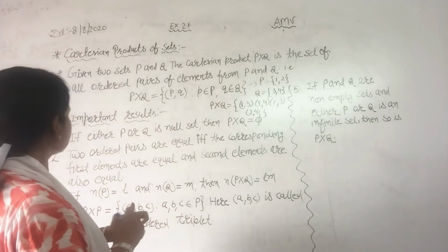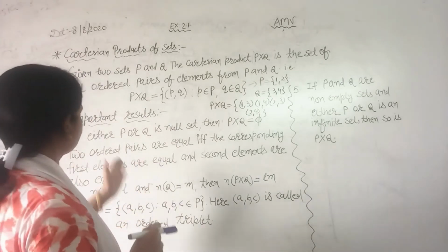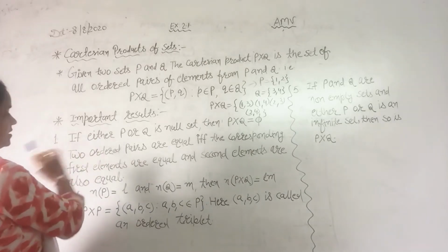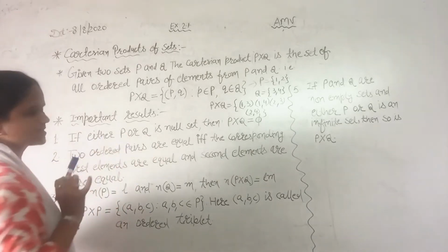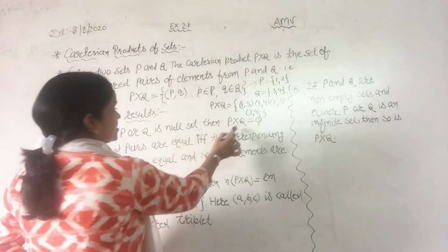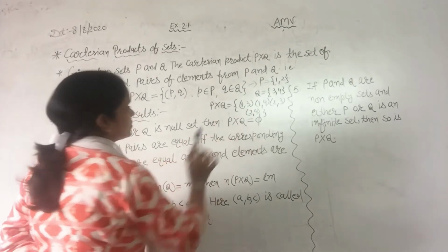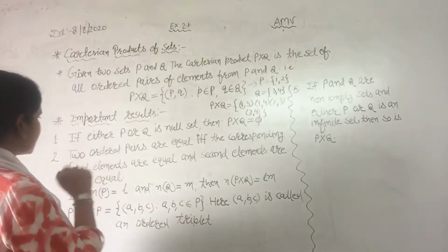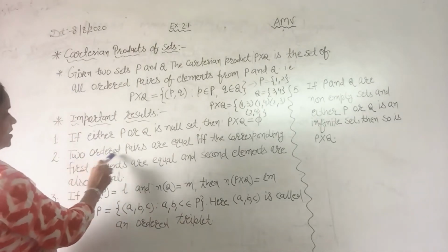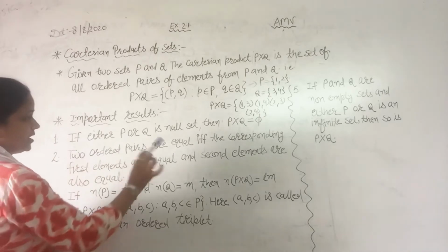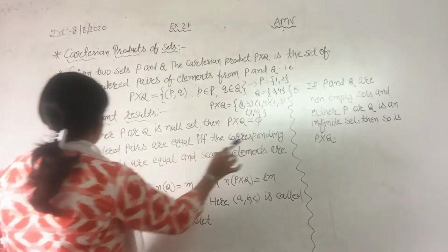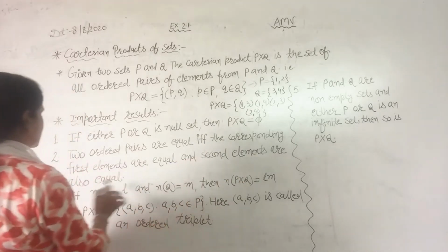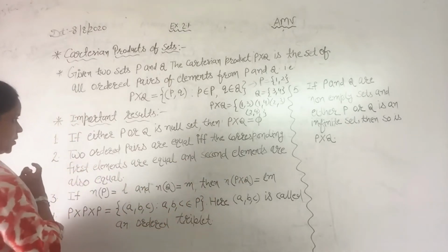Now there are some important results related to Cartesian products. First, if either P or Q is a null set, then the Cartesian product P×Q is also a null set. Second, ordered pairs are equal if and only if the corresponding first elements are equal and the second elements are also equal.